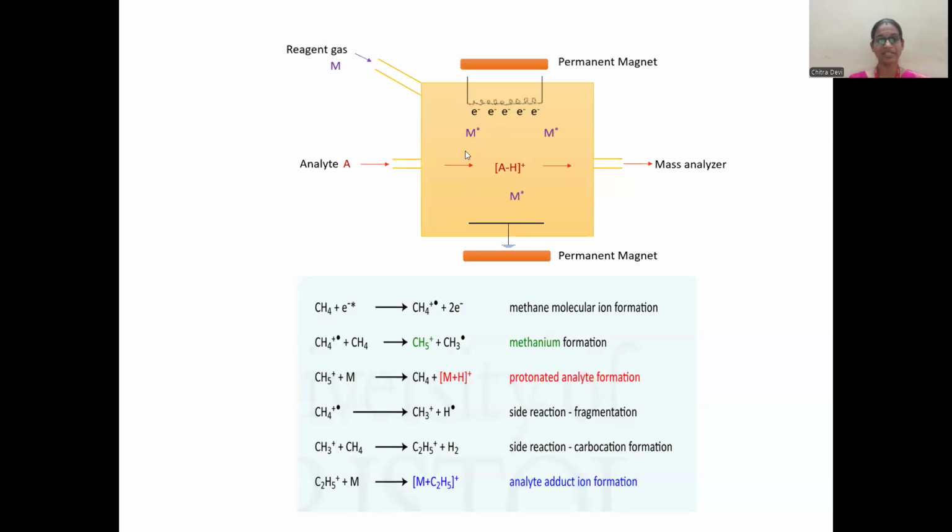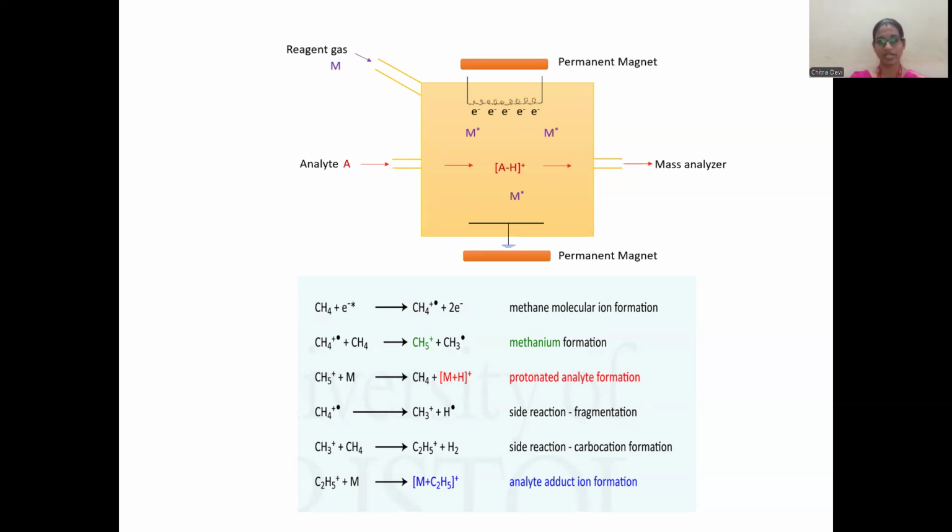So those will be the secondary ions produced with the help of the reagent gas, which will react with the analyte. Then after production of these ions, they will be accelerated, and with the application of a magnetic field they will reach the deflection chamber and then the detector. Then we can analyze which compound it is.